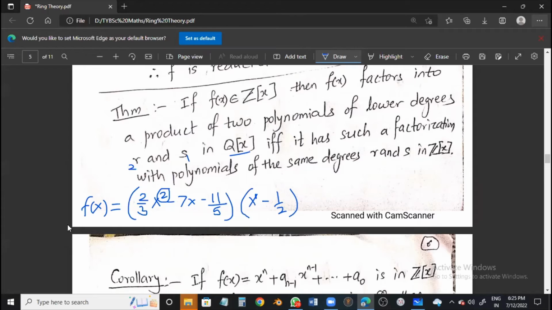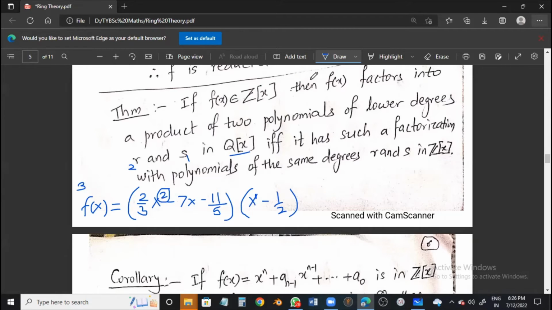It takes care of the actual equality. So the polynomial f of x and the product on the right hand side have the same degree. This degree is 2 multiplied by this particular one, x square into x, plus 1, 2. So the degree of this f of x will be 3.